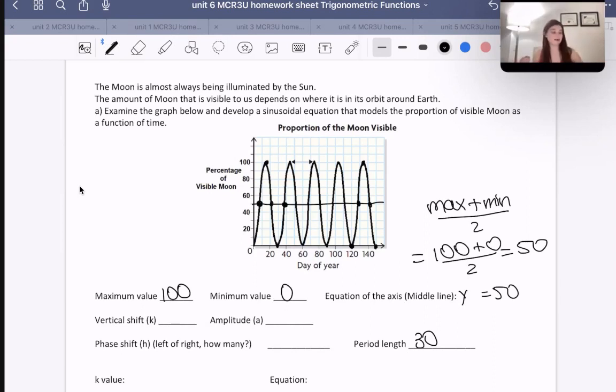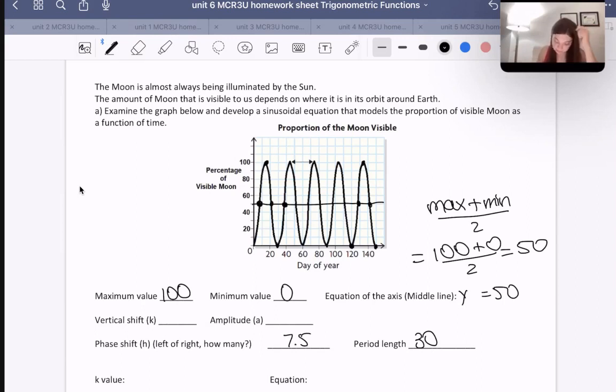So by dividing 30 by 4, we can figure out, if 4 steps is 30, then how many is one step. 30 divided by 4 gives us 7.5. So that means we have a vertical shift, or sorry, that's phase shift. My apologies. We have a phase shift of 7.5.